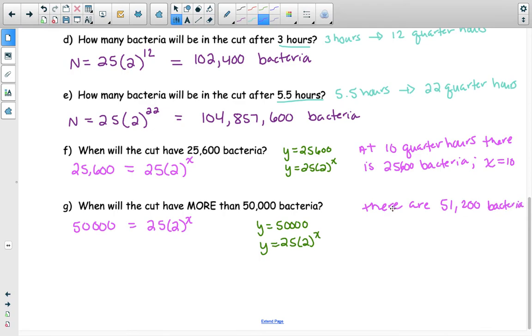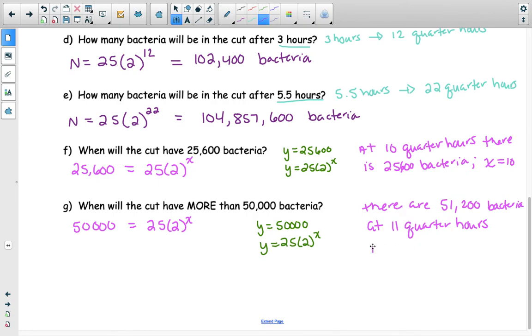and I'm looking at a specific quarter value. So if I'm looking at a calculator, it doesn't give me as accurate as Desmos, at 11 quarter hours. But at 10, I have 25,600. So I know that between 10 and 11 quarter hours, I'll be able to have more than 50,000.